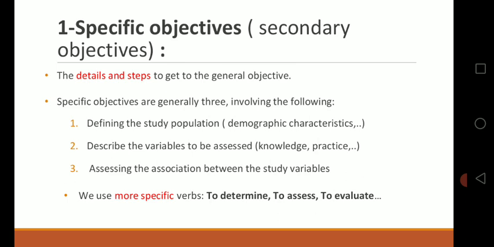okay، يلا in these specific objectives what do we write or what do we discuss?